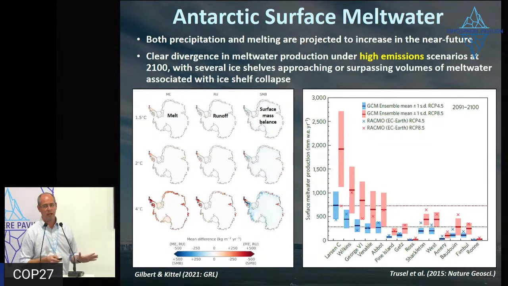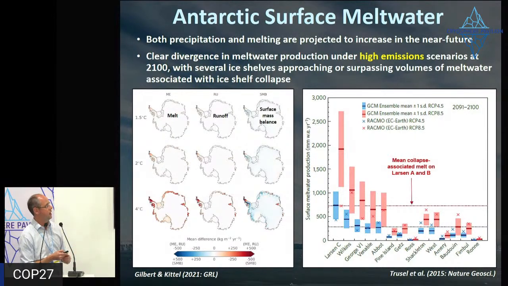This is a bit of a complicated plot, but it's showing you a number of ice shelves in Antarctica at present, and some of the thresholds that you might cross in the future. This line here is showing you the melt rates that were associated with the collapse when we obliterated the Larsen A and the Larsen B ice shelves. The blue bars are showing you that under a low to mid emission scenario, some ice shelves, such as the Larsen C, the first one on the left-hand side of the plot, will start to exceed that threshold.